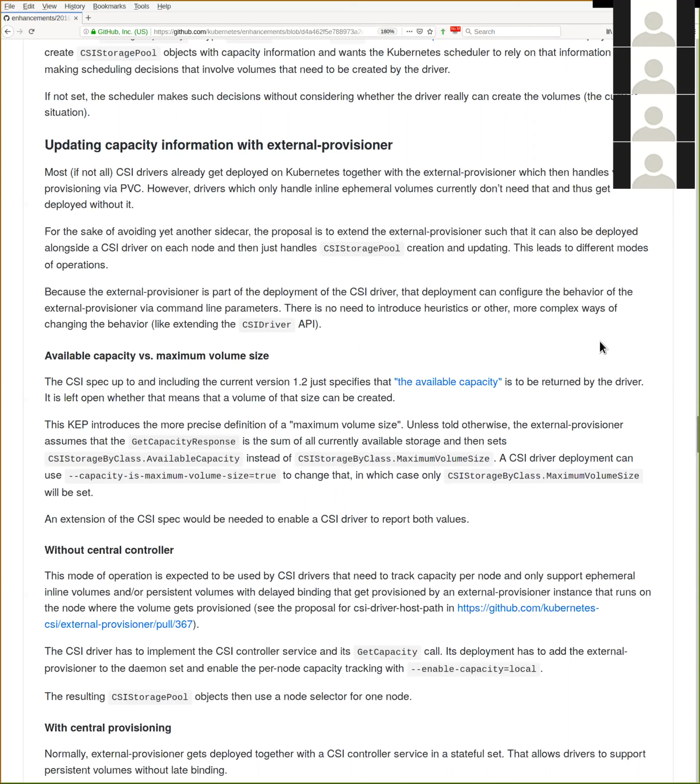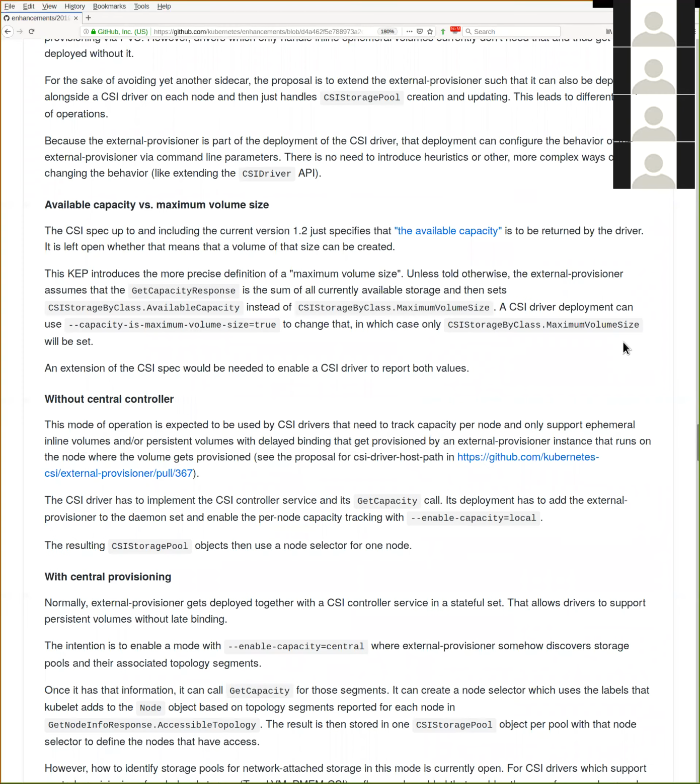Well, no, I think the calculation in Kubernetes is still off because of the shared pool model. Can you explain that? So for a single volume, the calculation is fine.